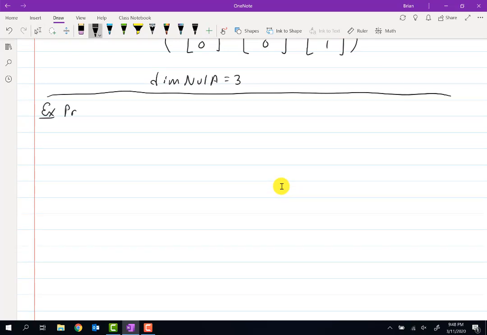Prove that the Laguerre polynomials span P3.